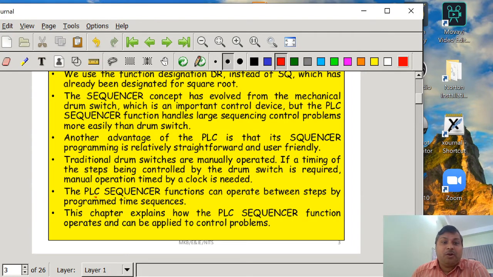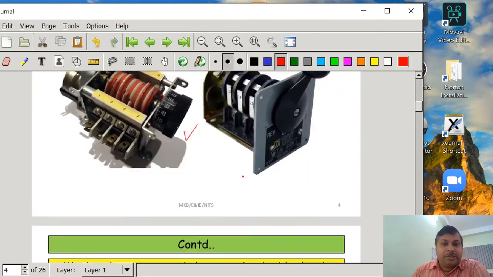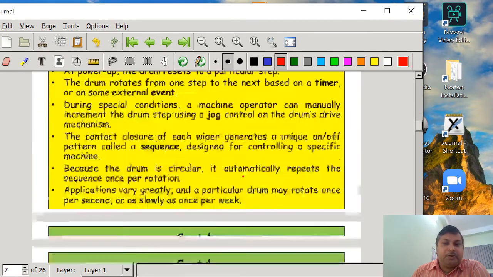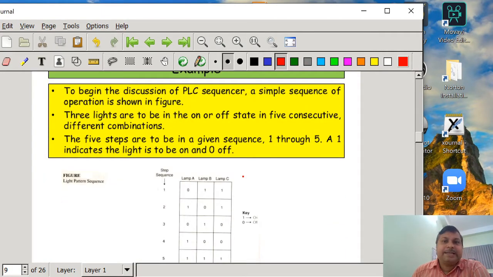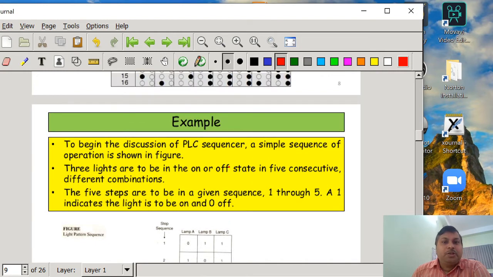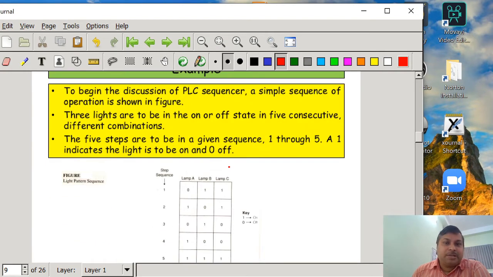If timing of the steps controlled by the drum switch is required, manual operation by a clock is needed. In comparison, the PLC sequencer function can operate between steps by a programmed time sequence. This is the greatest advantage of the PLC sequencer function, which does exactly the same thing the drum sequencer does.